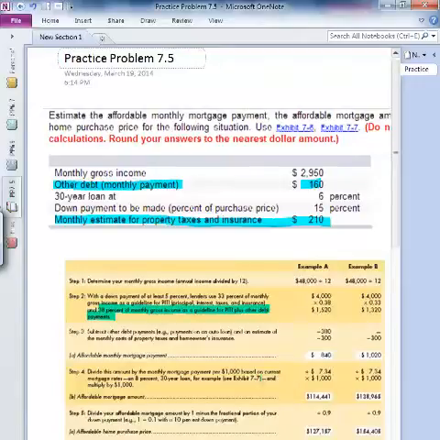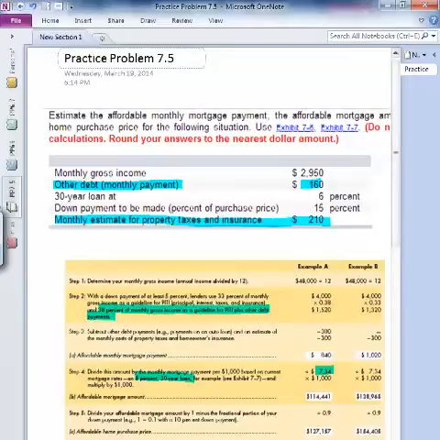Up in 7.6, we see that this was an 8%, 30-year loan, and that corresponds to the 7.34 that we would see down here. So be really careful that you know where these values are coming from. This one's a little bit tricky because you might think the 6 corresponds to the 6%, but it doesn't. It corresponds to this mortgage payment factor.